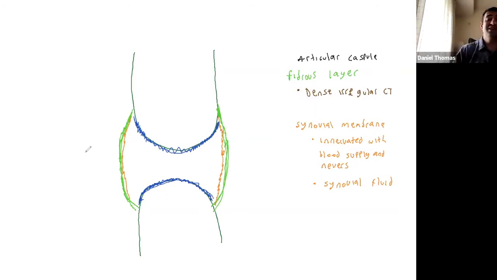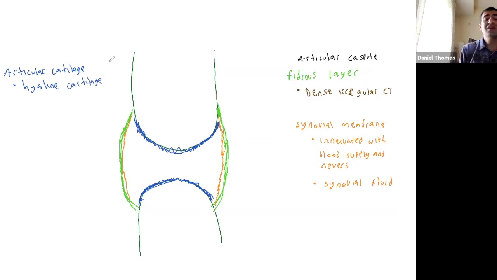Purpose behind this is also very important. So it's called the articular cartilage, and it is made up of hyaline cartilage, and this is actually rather spongy.